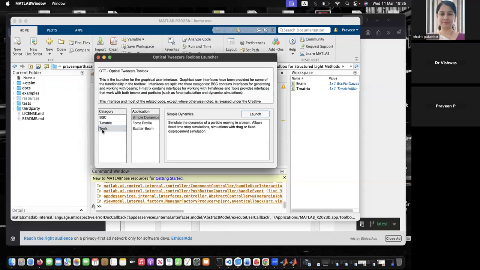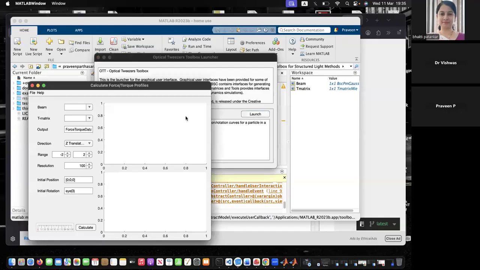Now I go to tools, and I will launch the force profile. Okay, so let's choose whatever we set up previously. And now what we are doing is we are translating the bead along Z direction. So if we move this along Z direction, how does the force look? So that is what we are calculating. So I will say calculate.